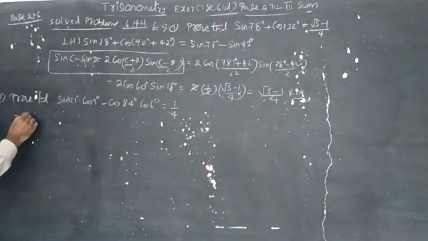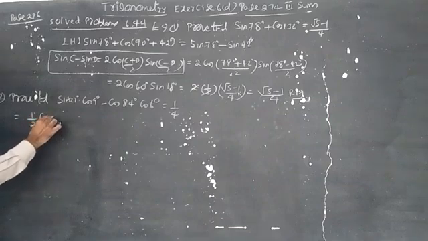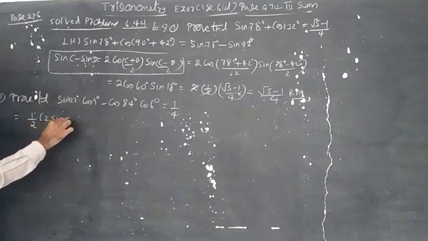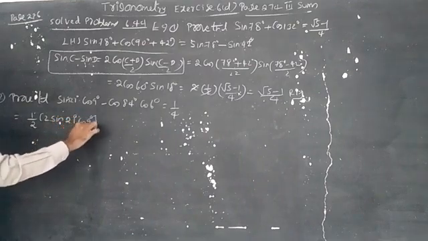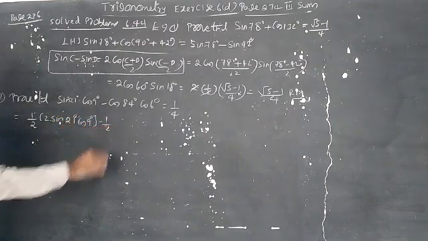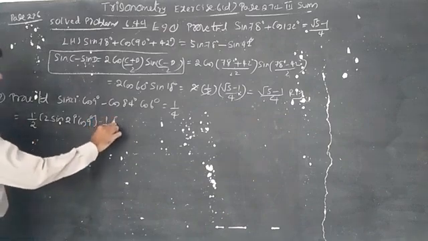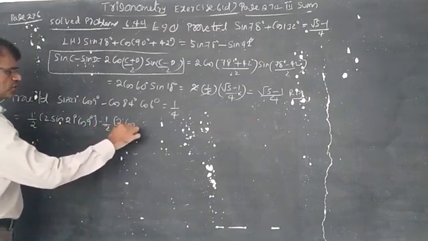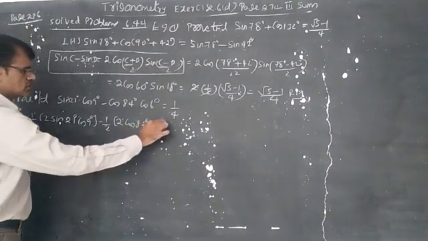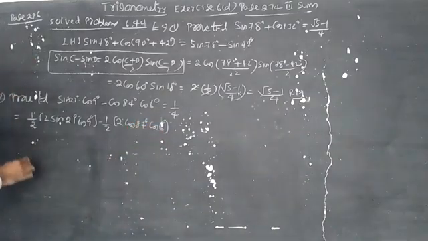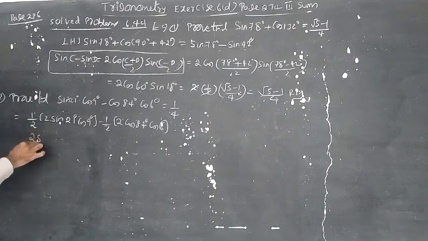So multiply and divide with 2: 1 by 2 into 2 sin 21 degrees into cos 9 degrees minus, in the same way, 1 by 2 into 2 cos 84 degrees into cos 6 degrees. Why did we multiply?